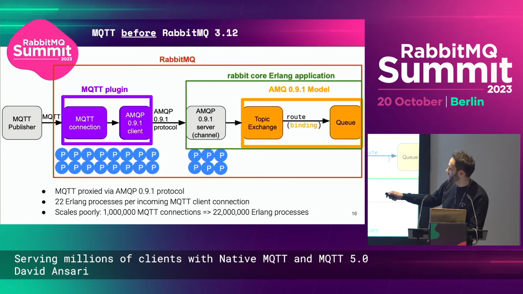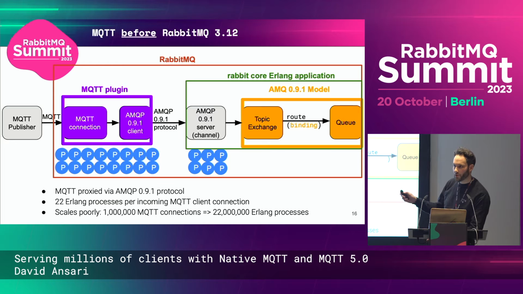And not only that, you needed a connection process, so an AMQP connection process. You needed a channel process on both sides, but not only one channel process, you needed two, one for quality of service 0 in MQTT, which is at-most-once semantics, and another one for quality of service 1, at-least-once semantics, a few supervisors on top, then a few heartbeat processes on top. So you ended up with 22 Erlang processes per incoming MQTT connection.